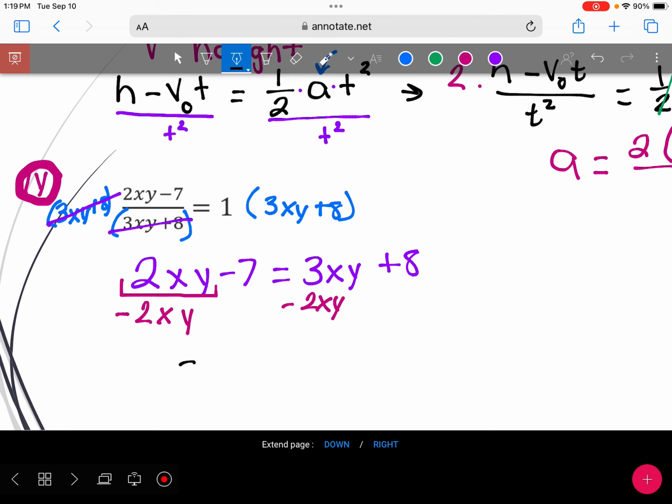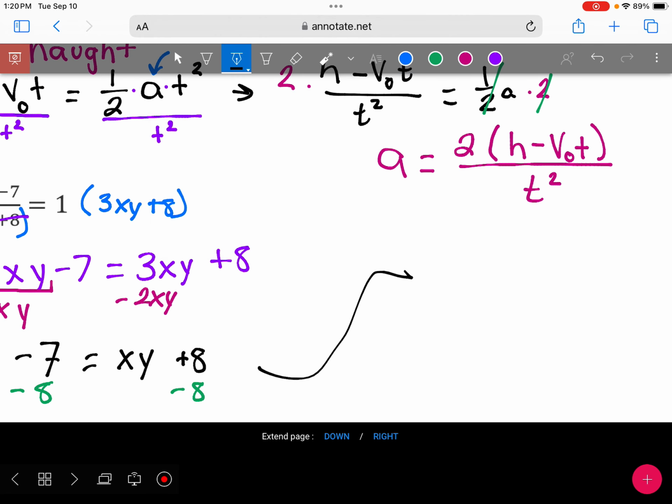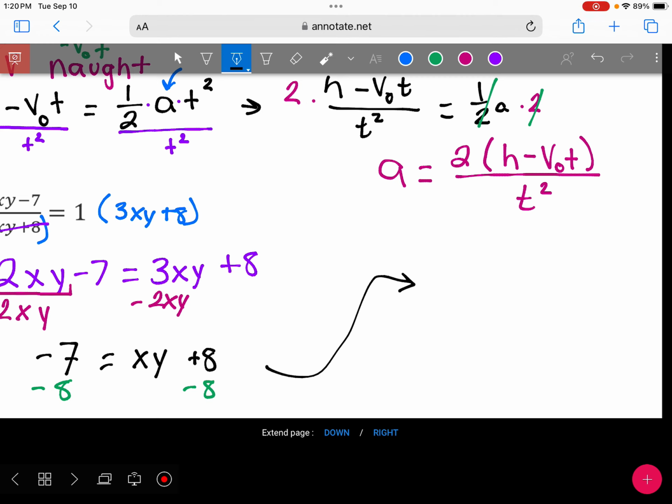So on the left-hand side, I have a minus 7. On the right-hand side, I have 3xy minus 2xy. So what do we have left? Just 1xy. If you want to write the 1, you absolutely can. Totally fine. Plus 8. Subtract 8 on both sides. Good. So negative 7 minus 8 gives me what?